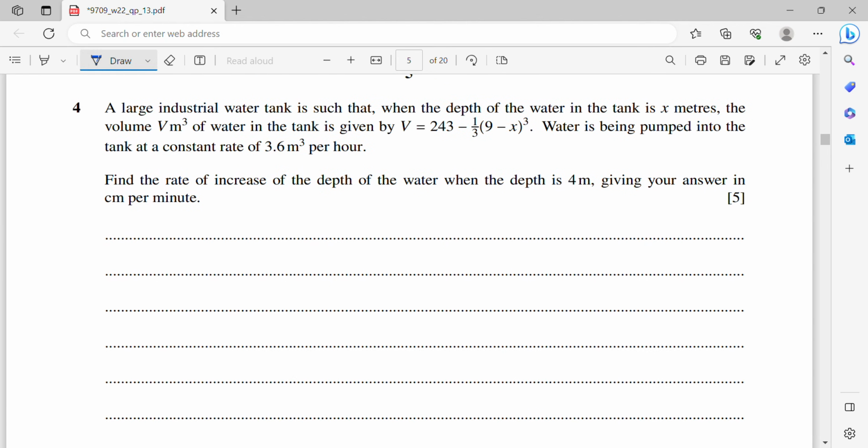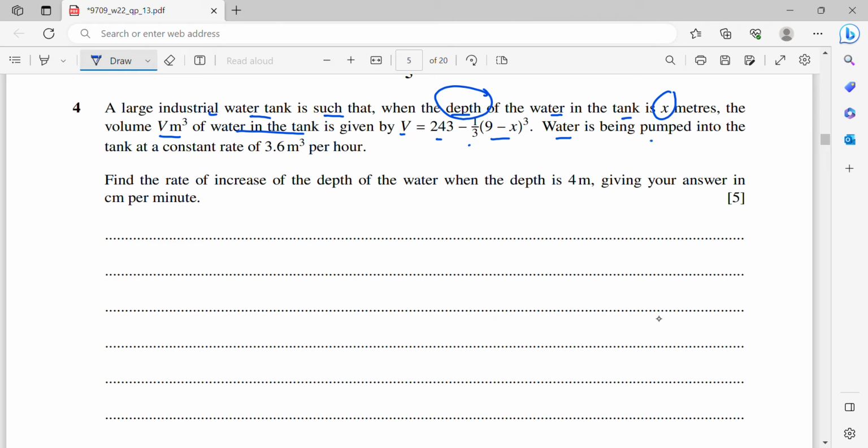Okay, now for question 4. A large industrial water tank is such that when the depth of the water in the tank is x meters, so x is the depth of the water, the volume V meter cube of water in the tank is given by V equals 243 minus 1 over 3 times the cube of 9 minus x.